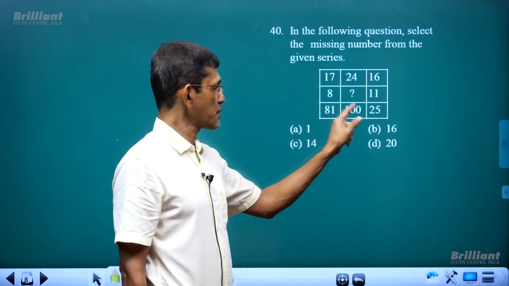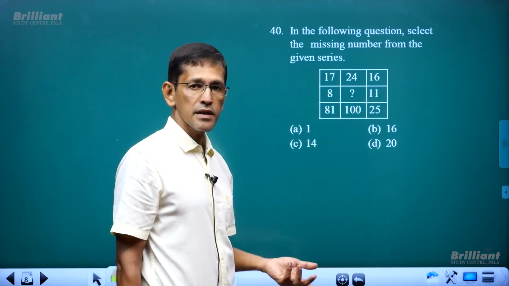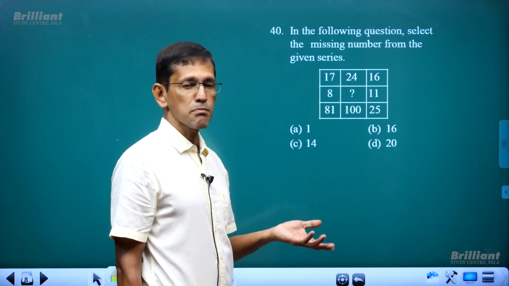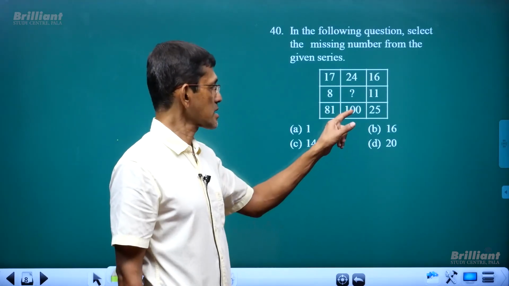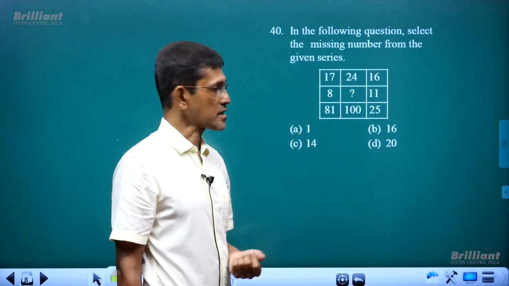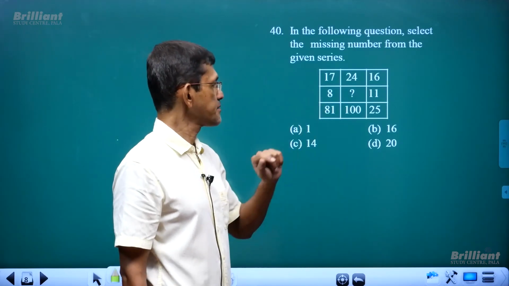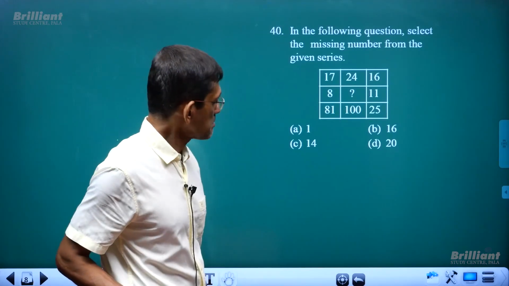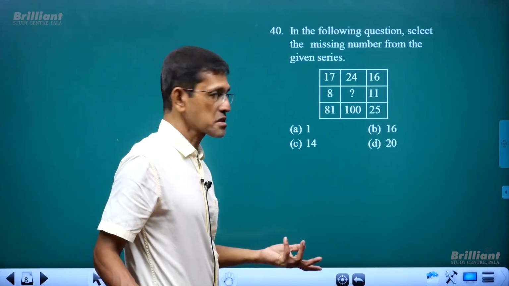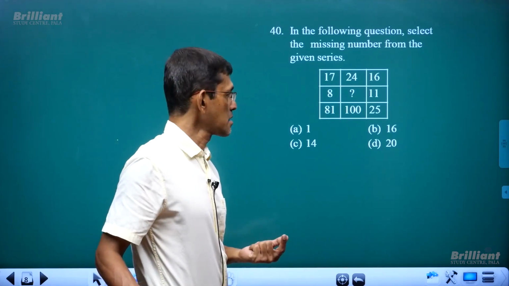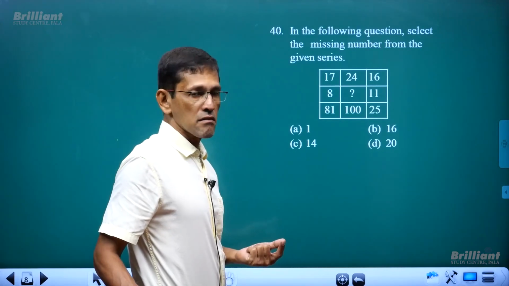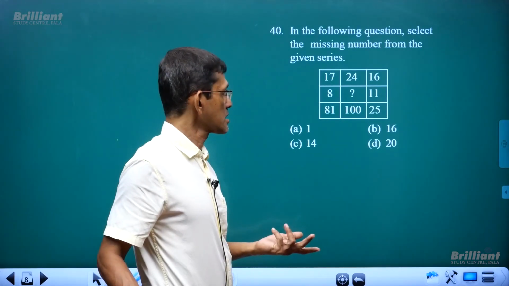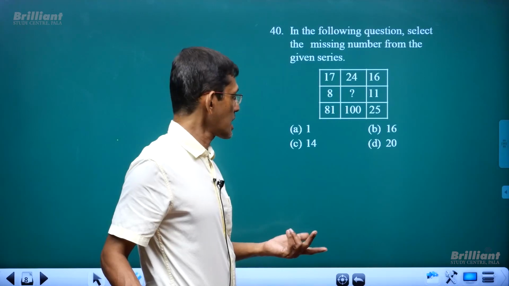Here 81 and 25, when you add them, 106 minus 6 is 100. So it's minus 6 here, minus 9 here. Doesn't make any sense. How about 8 and 11? Well, 8 plus 11 is 19. 19 minus 6, minus 9. Well, 19 minus 6 is 13. 19 minus 9 is 10.